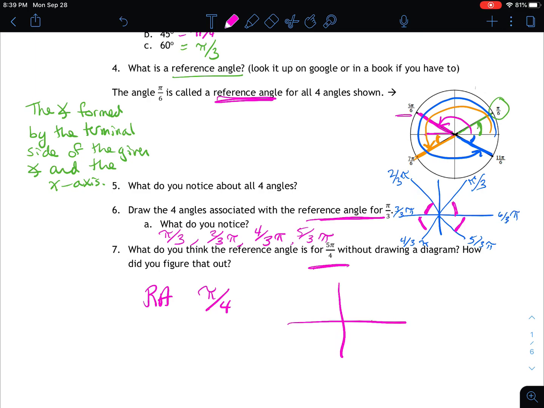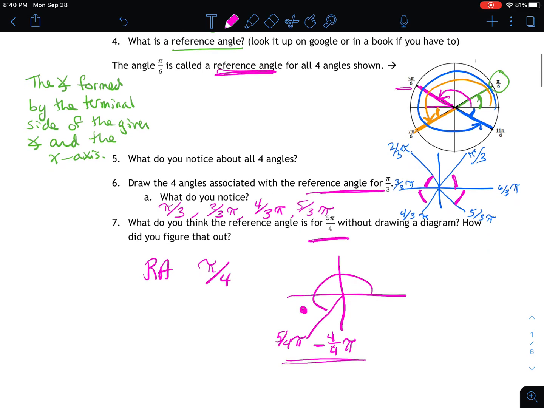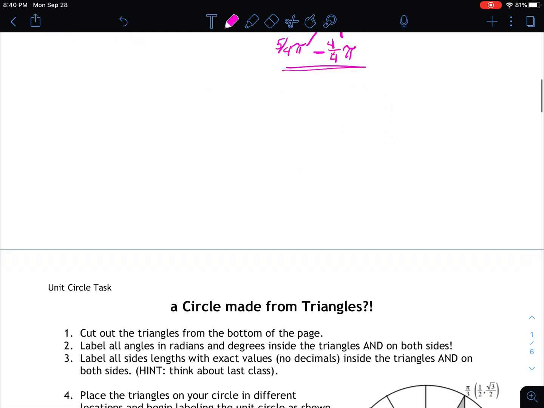If you want to think about that, and I know it said don't draw it, we're basically taking 5/4 pi and subtracting 1 pi. So we can write we're subtracting 4/4 pi. And that'll get us this little piece right here.